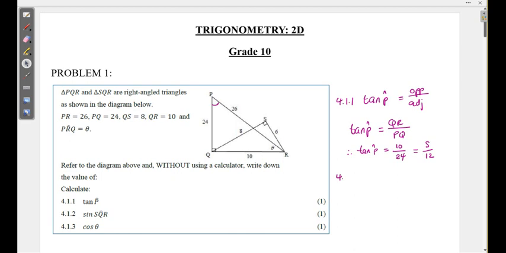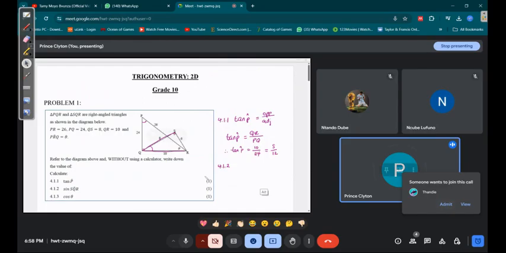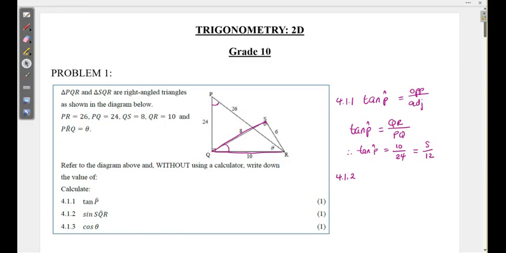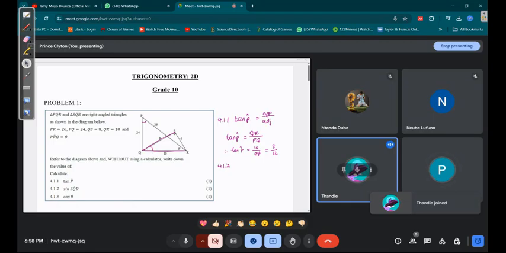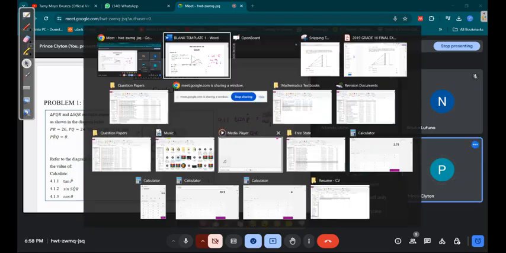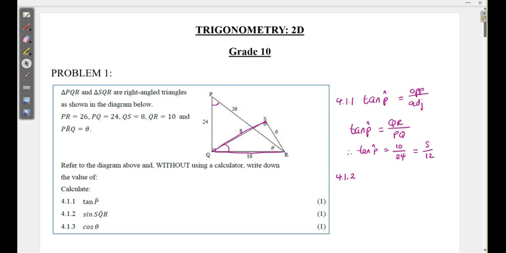And then 4.1.2, how do we get sine SQR? Let's remember that SQR means this angle there. All right, SQR means this angle here. Now the question would be, how do we get that angle there?